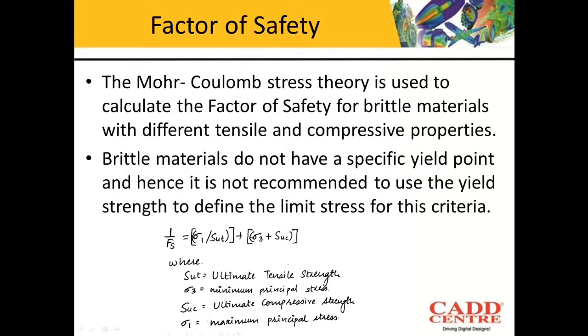But if the material that we are using is a brittle material, okay, the Mohr-Coulomb's theory, stress theory, is generally used for calculating the factor of safety. And this theory generally uses the ultimate tensile strength and the ultimate compressive strength for calculating the factor of safety, because the brittle materials do not have a specific yield point.